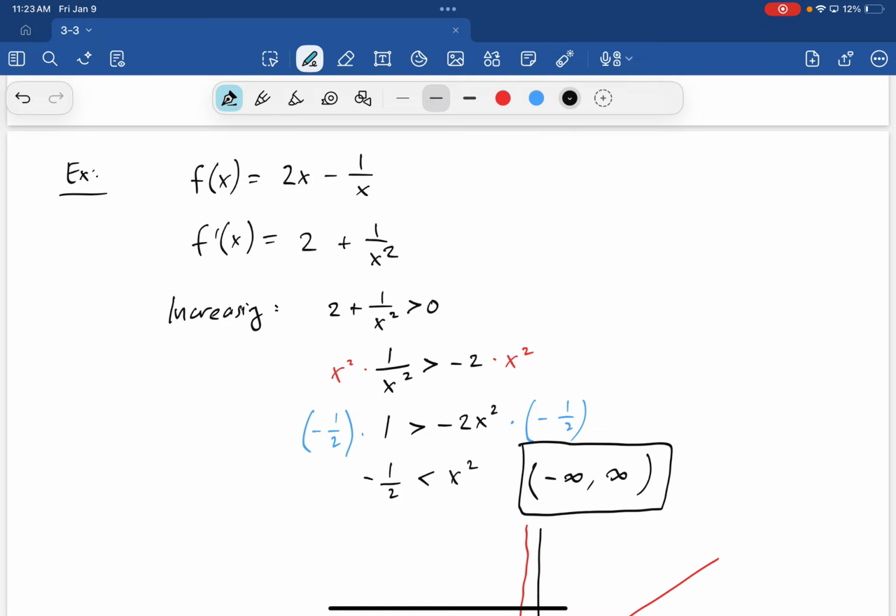X squared is always greater than negative half, no matter what it is. That just means all real numbers, right? When we have an interval between negative infinity to infinity. Because when you put it up top, 1 minus, then you move this down here.